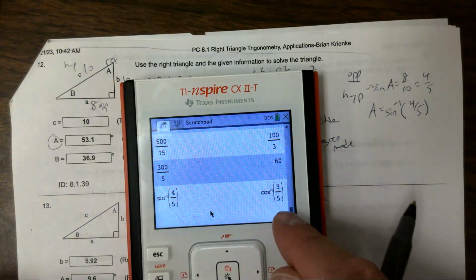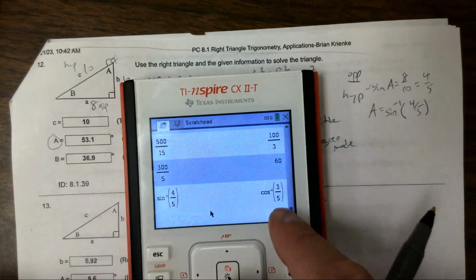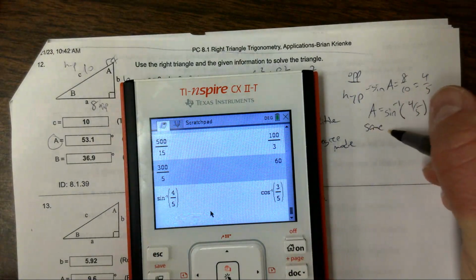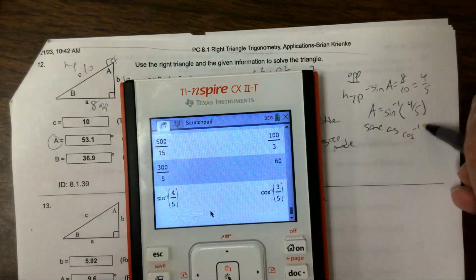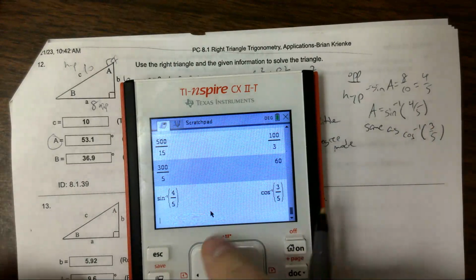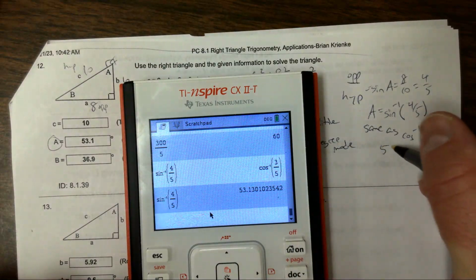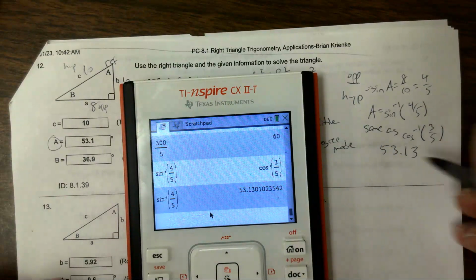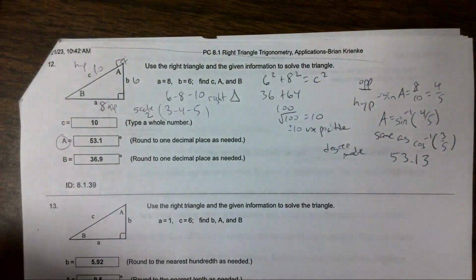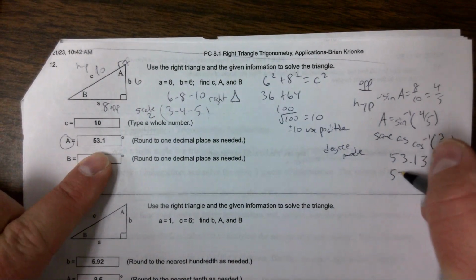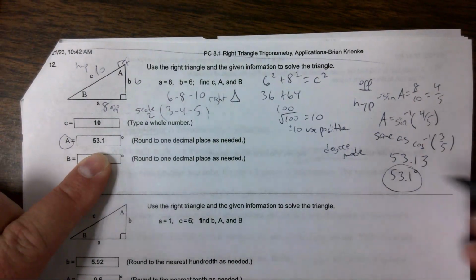I forgot to hit Control Enter. It converted it to inverse cosine of 3/5. But that is 53.13. And since it's an angle, they wanted one decimal place, so 53.1 degrees.